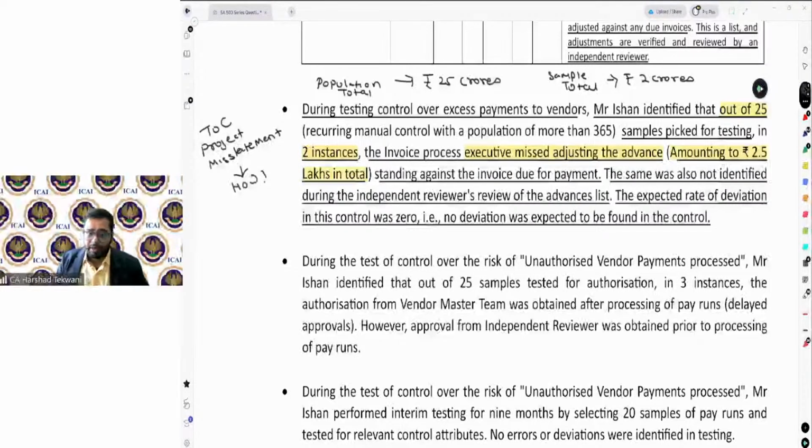Now it should be easy. I have given some additional information also. How will you project the misstatement identified in the test of controls based on the given information? Come on, guys.